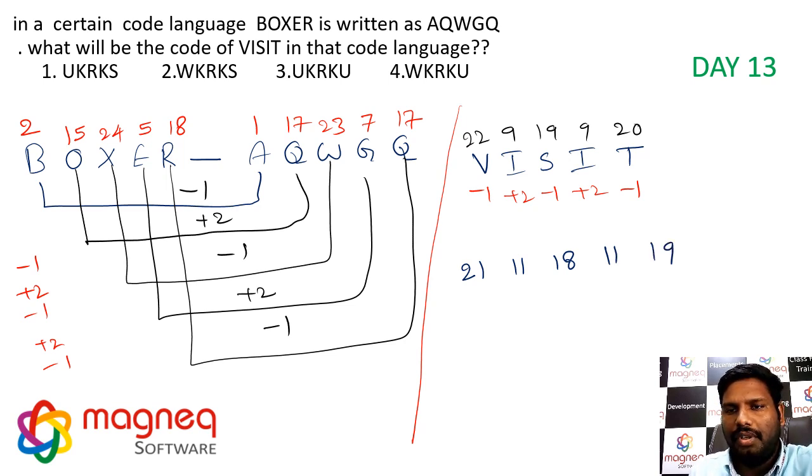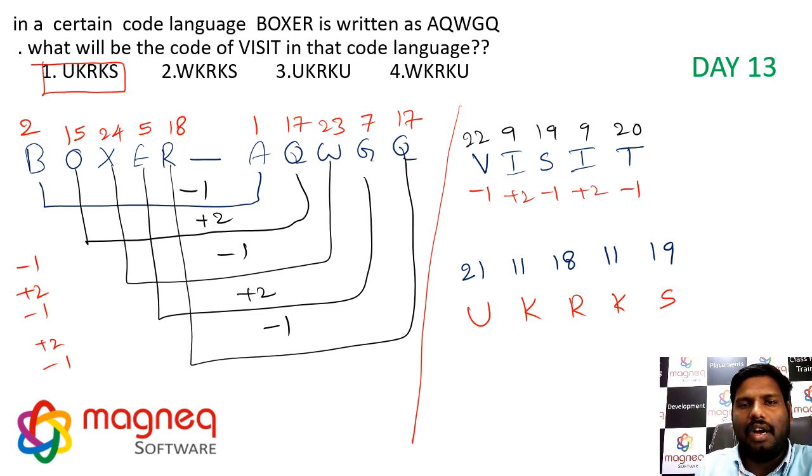So, U, K, R, K, S. First option. So, in this question, given code minus 1, plus 2, minus 1, plus 2, minus 1. We have to apply this for the second one. So, answer U, K, R, K, S.